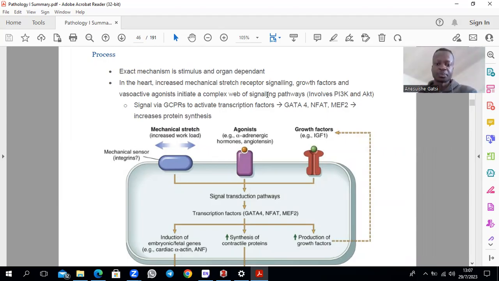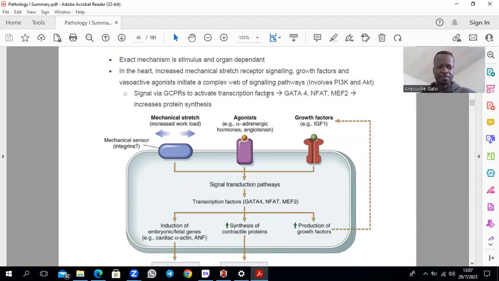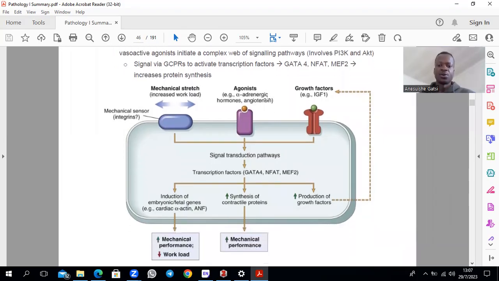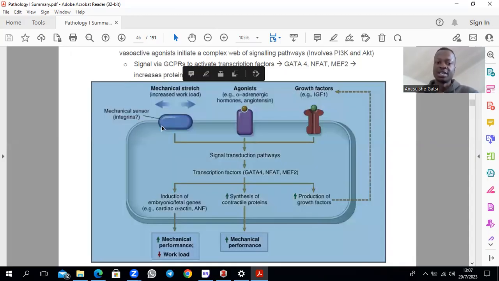So maybe this diagram will help us. You would have an increased workload on the heart, which is going to lead to stretch, or you have hormones or agonists that are going to stimulate receptors, or you have growth factors like insulin-like growth factor 1.